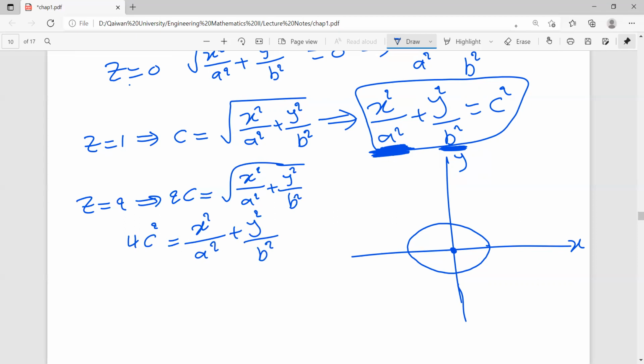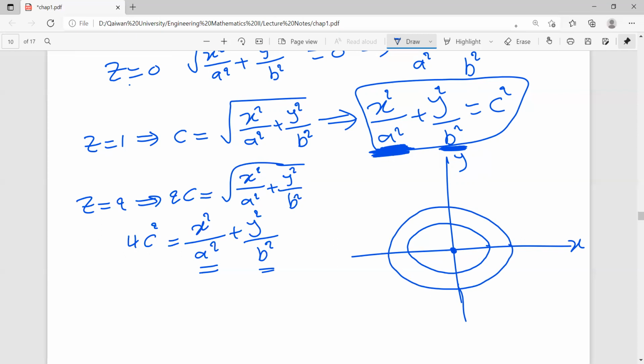Now, if we divide both sides by 4c squared, we get 4c squared a squared here and 4c squared b squared here. We let a be bigger, so the graph is like this. This is the graph.